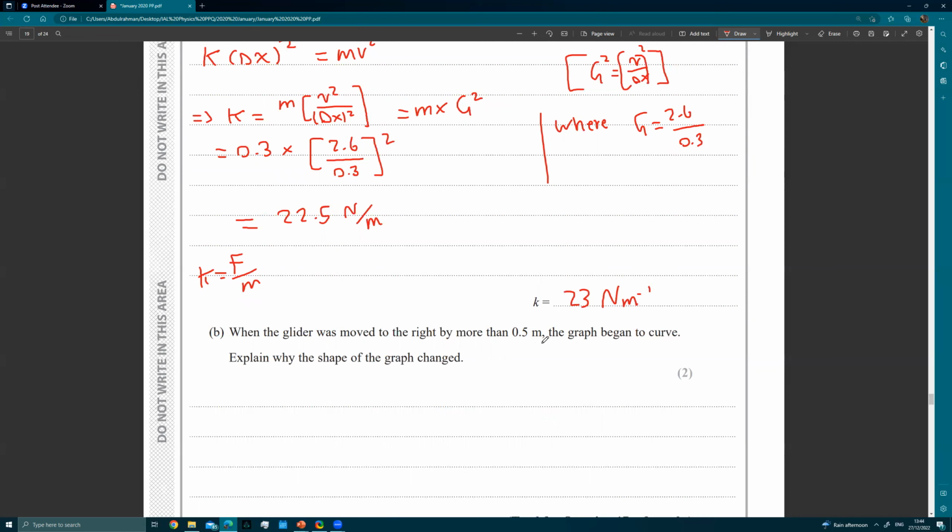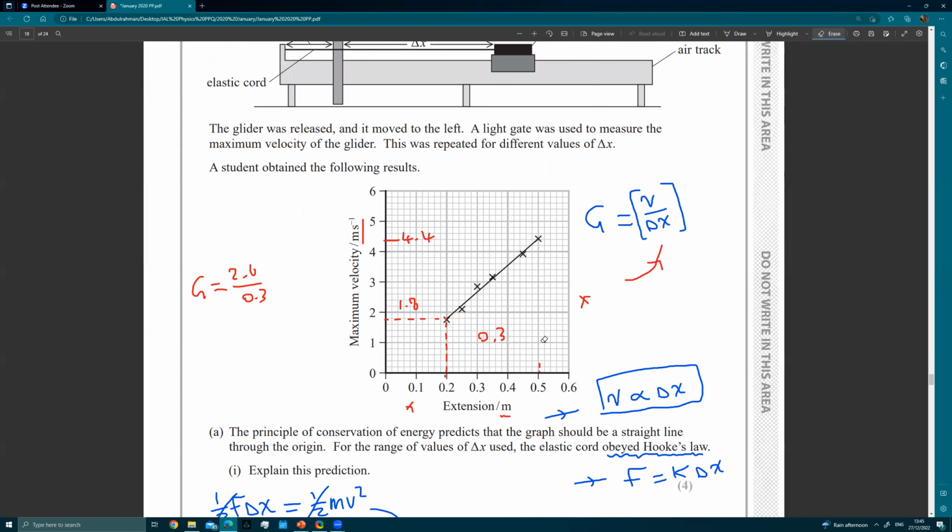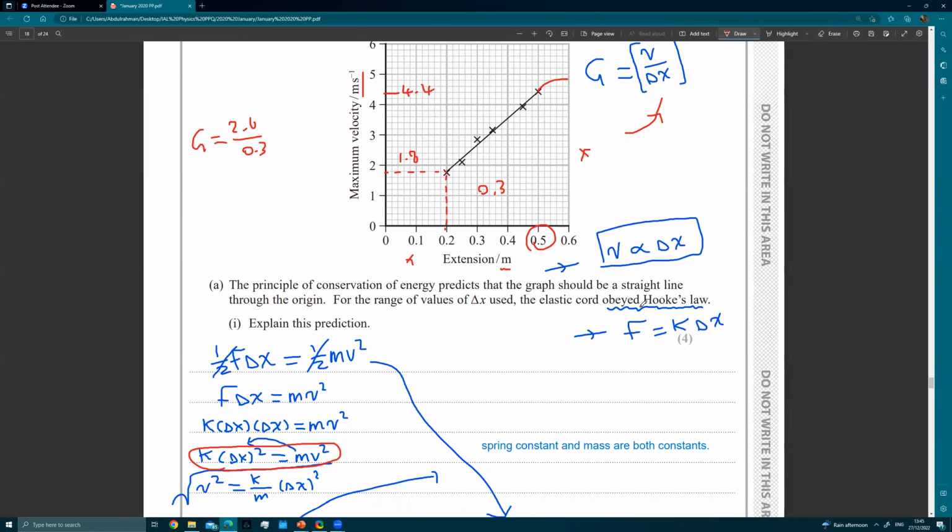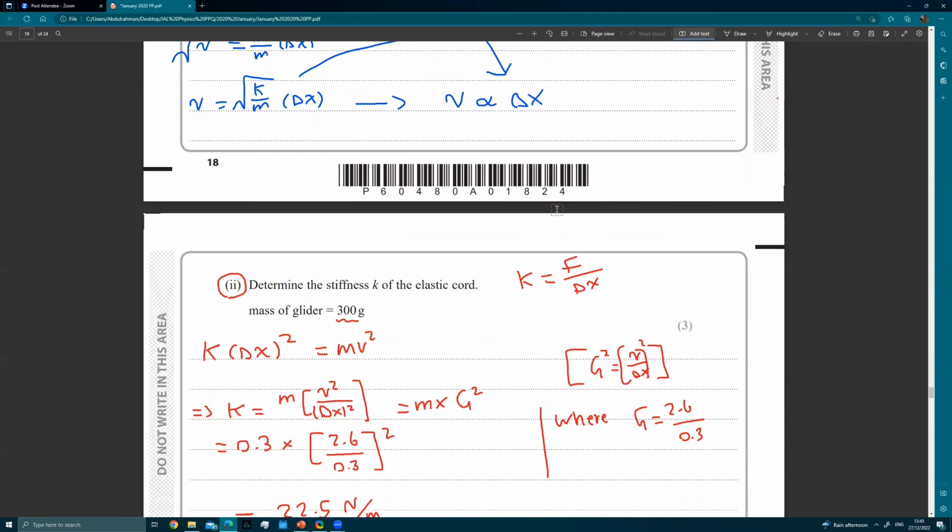When the glider was moved to the right by more than 0.5 meters, the graph began to curve. So if you look at the graph, it's basically saying once you stretch it beyond 0.5 meters, it begins to curve. And you should know the reason this is the case is because it no longer obeys Hooke's law. So before it was obeying Hooke's law, now it won't. So we're going to phrase this like so.